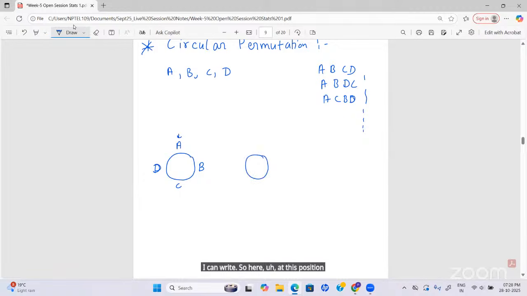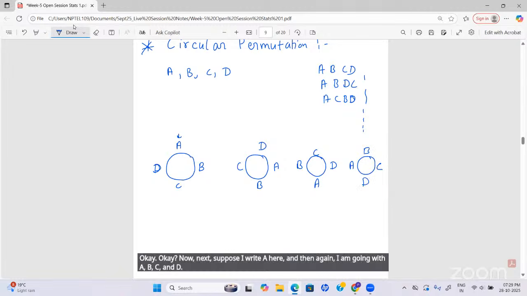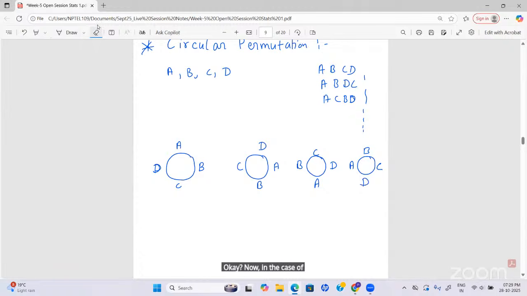In the next case I write A here and then again A, B, C, D. Next, I write A here, then again A, B, C, and D. Next, I write A here and again go with A, B, C, and D. In the case of circular permutation, all these 4 are actually the same.